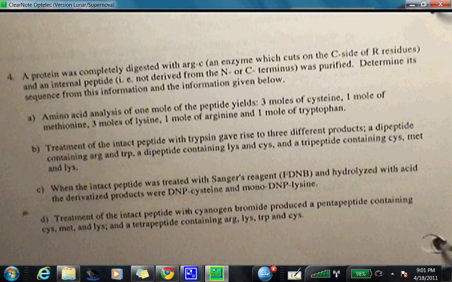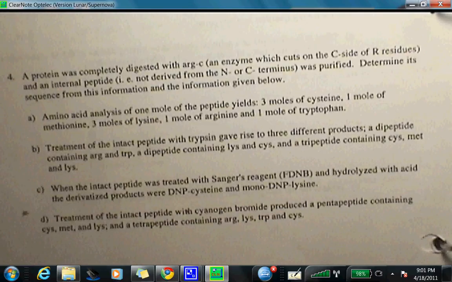Treatment of the intact peptide with trypsin gave rise to 3 different products: a dipeptide containing arginine and tryptophan, a dipeptide containing lysine and cysteine, a tripeptide containing cysteine, methionine, and lysine. When the intact peptide was treated with Sanger's reagent, FDNB, then hydrolyzed with acid, the derived products were DNP cysteine and mono-DNP lysine.